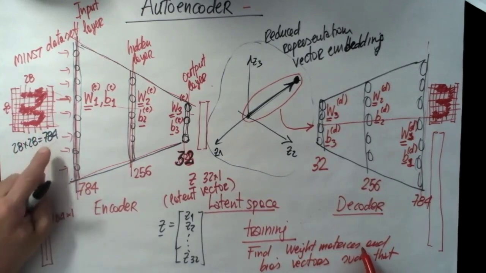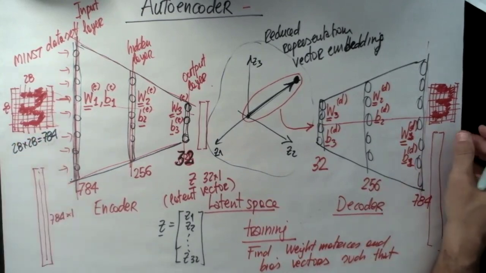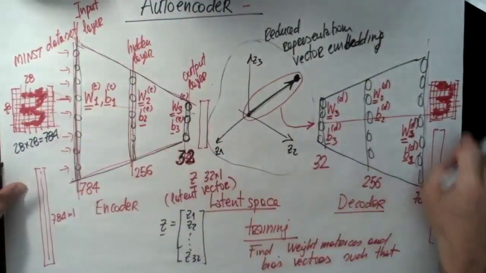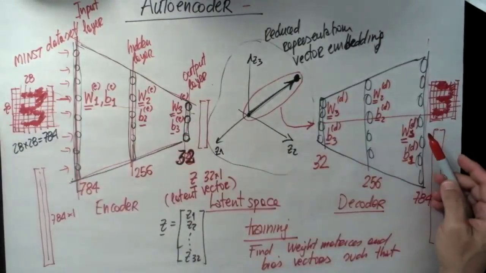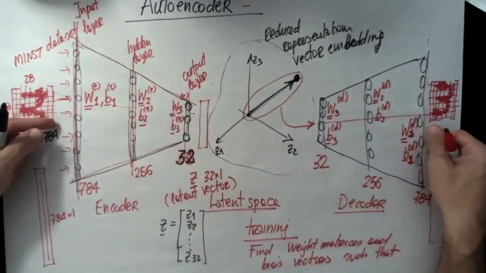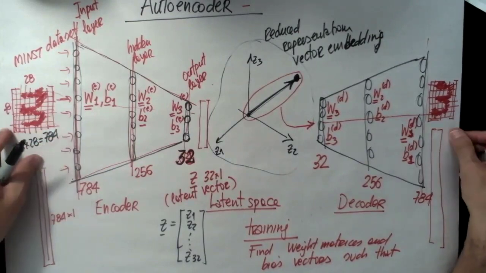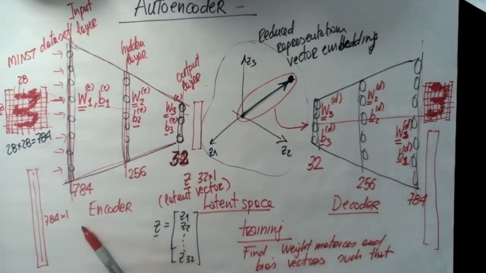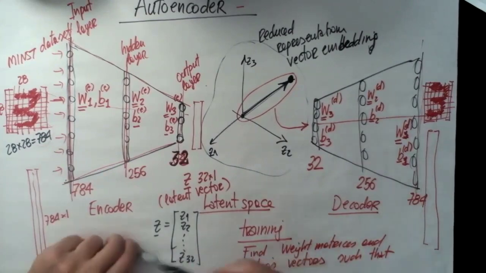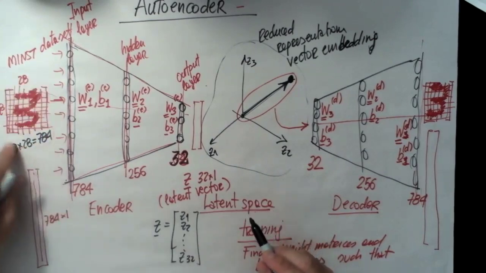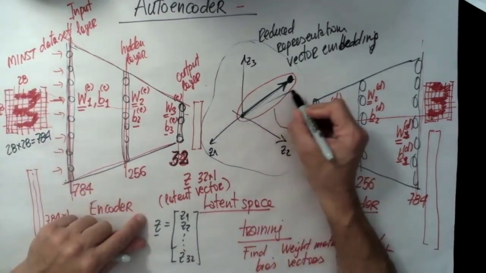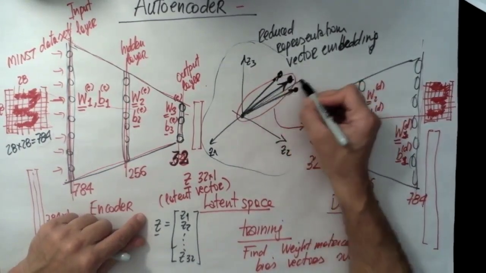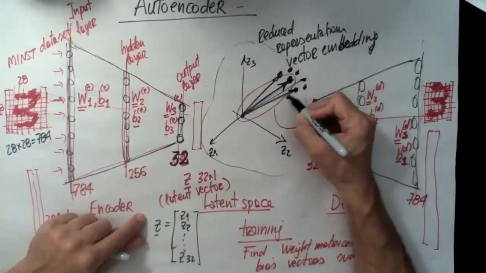So for any given data set, we want to find the weights and biases of this autoencoder in such a way that when we pass our data set, we get out also the same data set. Okay? Once you do this training, what is the power of the autoencoder? For example, if we have all images that are very similar to a three, in the latent space they will all cluster near each other.